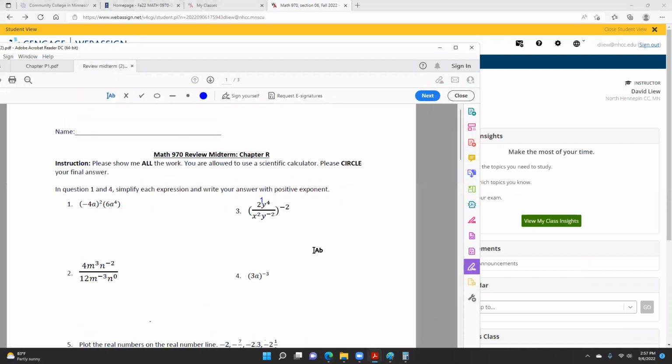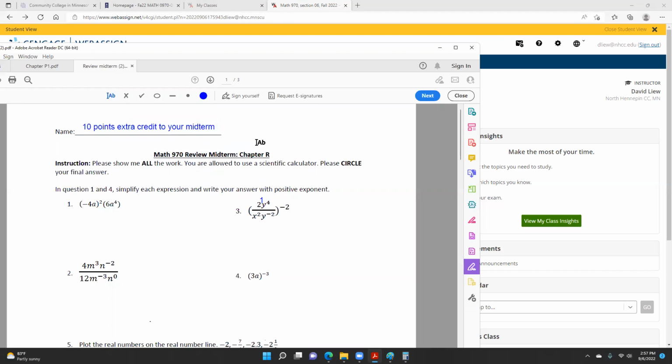Yeah, as I mentioned, the review of the midterm is the one that you have to concentrate on. This is going to give you 10 extra credit points towards your midterm, so make sure you do this. This is very important.